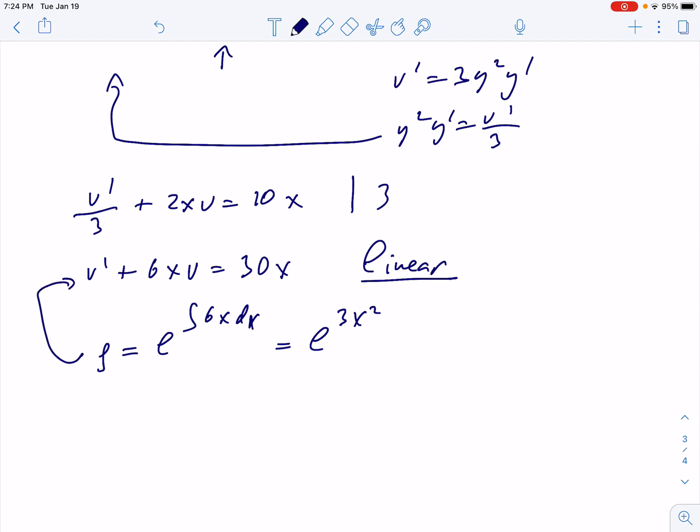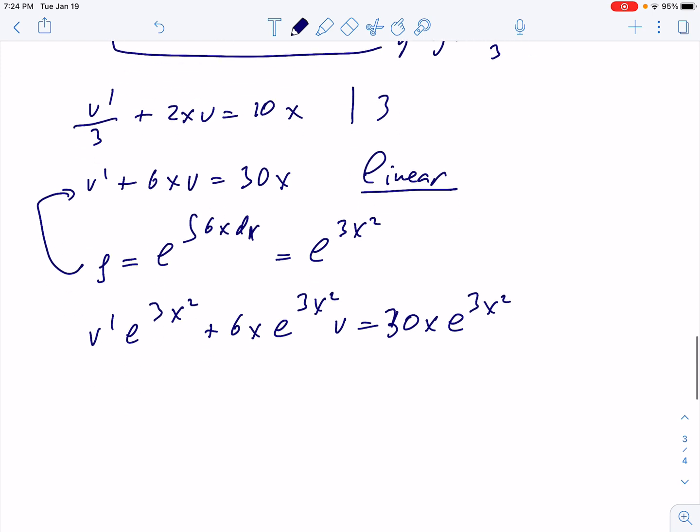We multiply the standard form by this. V prime exponential 3x squared plus 6x, I shall put the exponential in this position, v equals 30x exponential 3x squared. So I claim that the left-hand side is an exact derivative. It will be the derivative of v exponential 3x squared, the integrating factor.